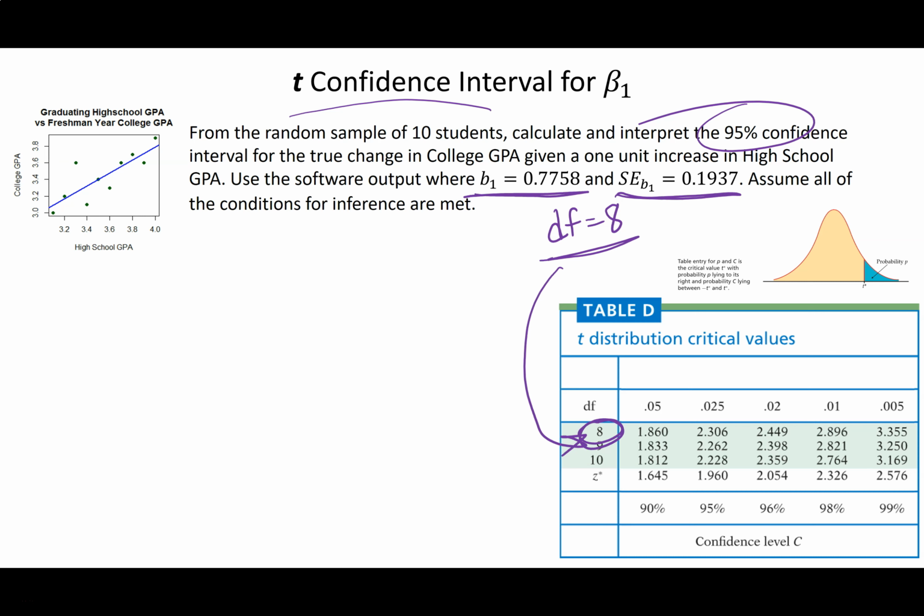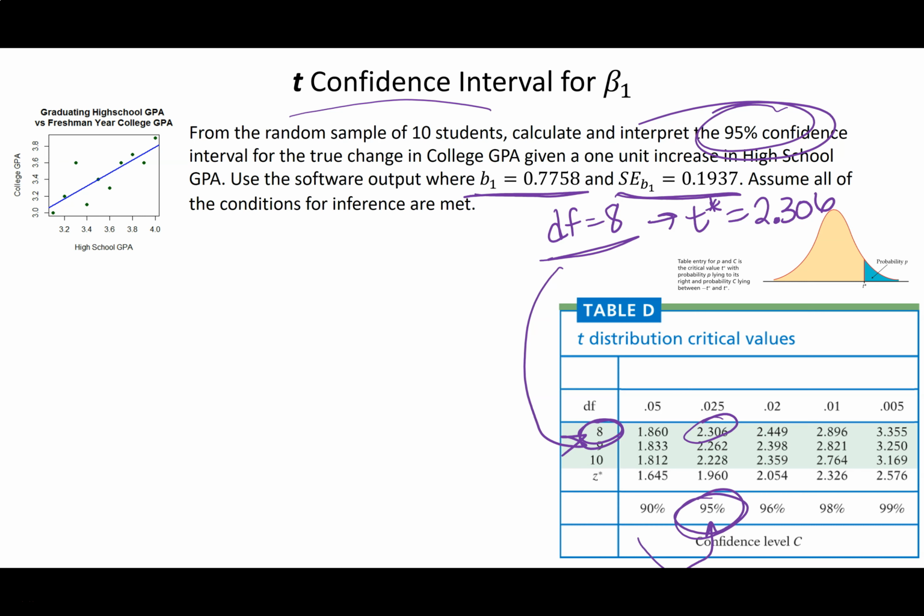So I'm going to look at this 8 row. The 95% confidence tells me which column to look at. I like to look at the bottom and go, oh, 95. So where they line up, this means that my T star, my critical value that I'm going to use is 2.306. I do not want to use Z star because we do not know the population spread at all. It's really, really unlikely that we do.